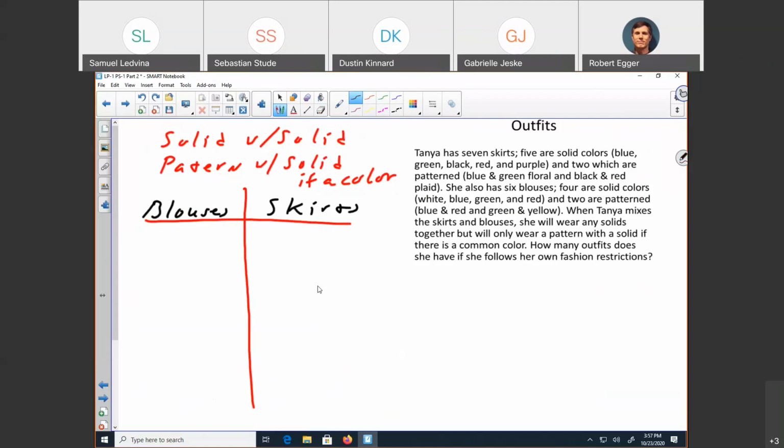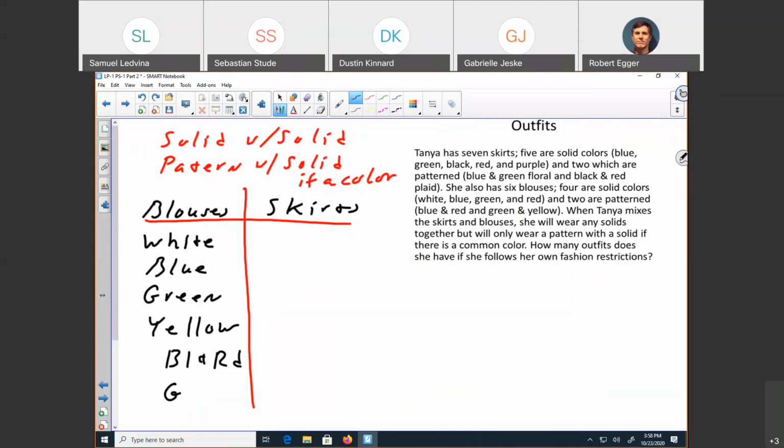We have a white blouse. We have a blue blouse, a green, a yellow, and we have a blue and red, and green and yellow. All right.